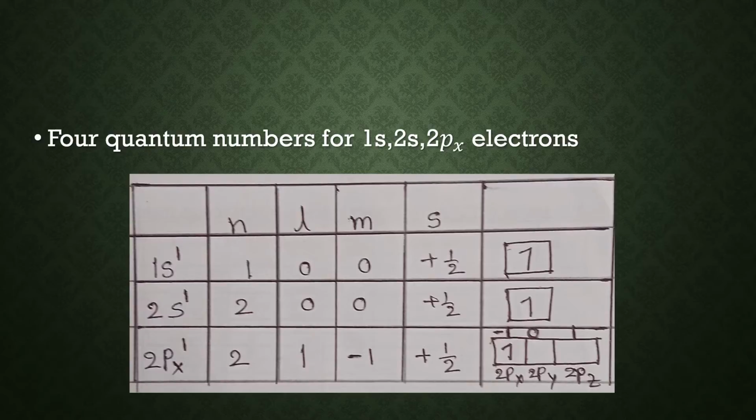For p orbital, l value 1. m takes minus 1, 0, plus 1. Minus 1 belongs to 2px. That means the m value of 2px orbital is minus 1, m value of 2py orbital is 0, and m value of 2pz orbital is plus 1. Therefore, m value for 2px orbital is minus 1. Spin quantum number is plus half.